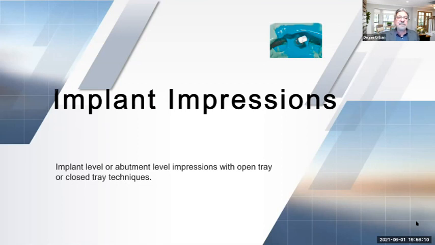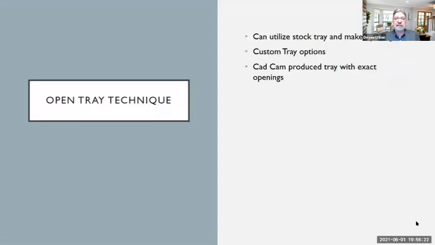So let's go to implant impressions now, implant level or abutment level impressions with open tray or closed tray techniques. Let's talk about when to use the open tray and when not to use the open tray. On the open tray technique, you can utilize a stock tray and make your own openings where the implants are. I like to make a custom tray, and this way we know exactly where the implants are.